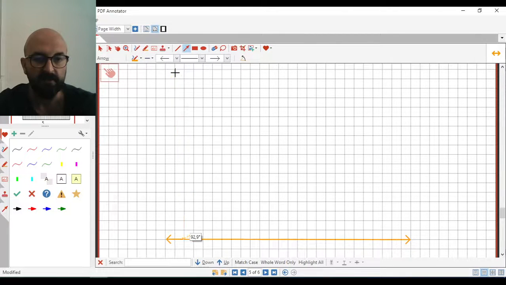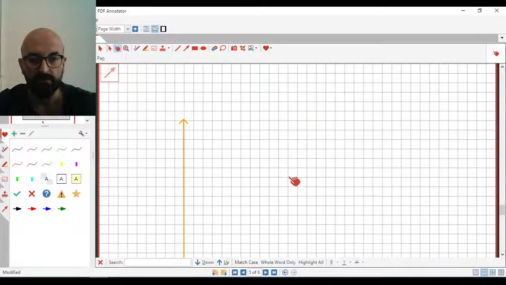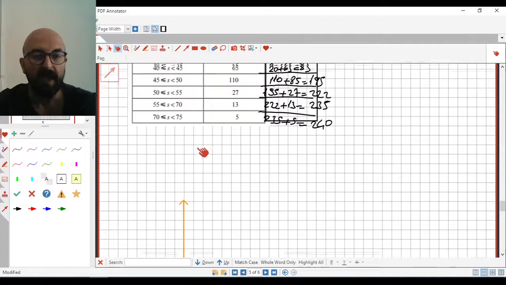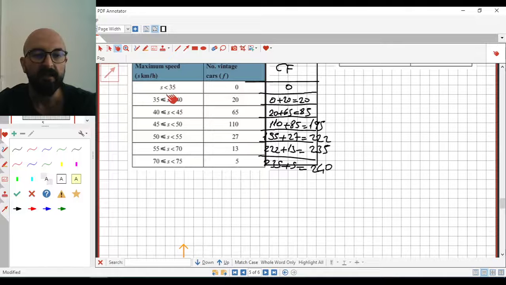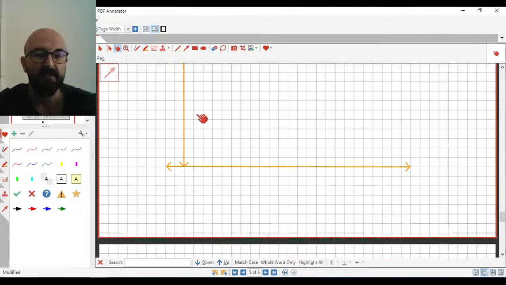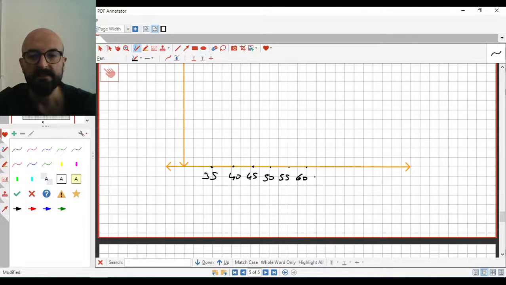Okay, now we can draw the cumulative frequency diagram. As you know, we should draw the vertical axis and the horizontal axis, and on our horizontal axis the data start at 35, 40, 45, 50, 55, 60, 65, 70, and 75.